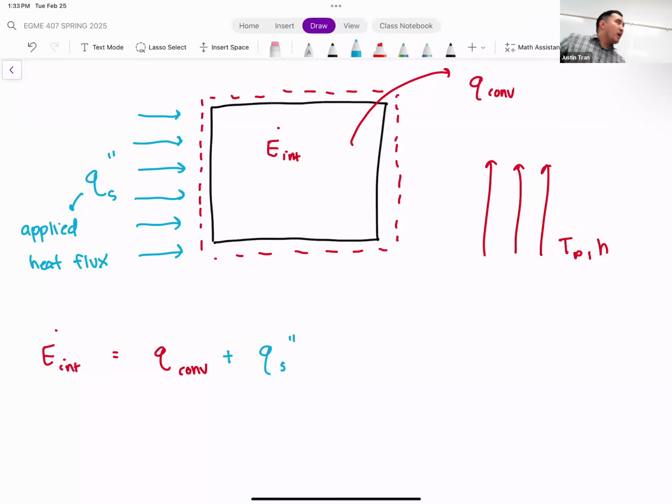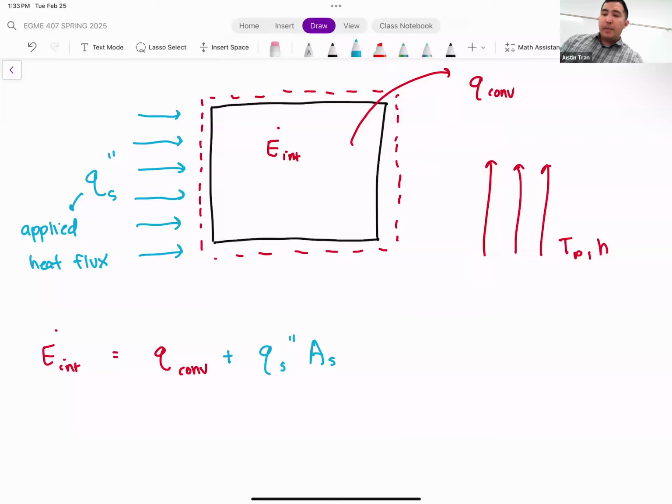But remember, Q_s double prime is a heat flux, and so in order to make sure that the units match up, we have to multiply Q_s by some kind of surface area. We'll call it A_s. So that's another source that can add to our lump capacitance situation.